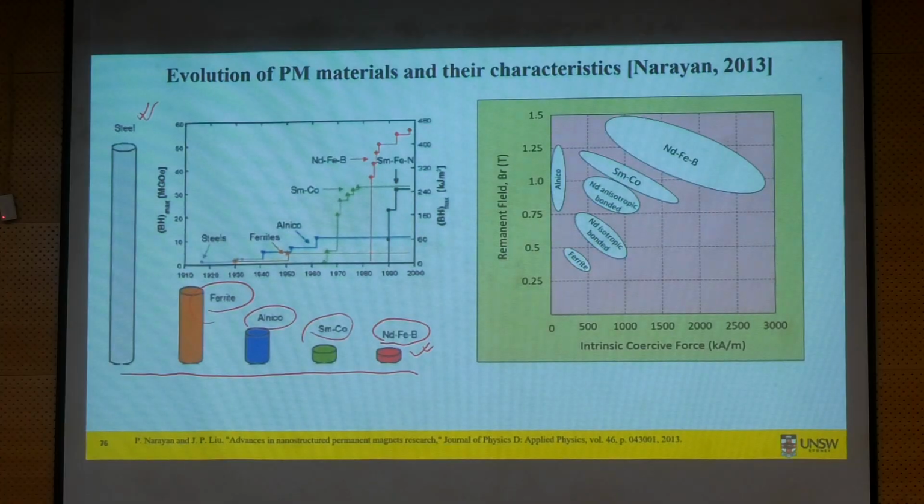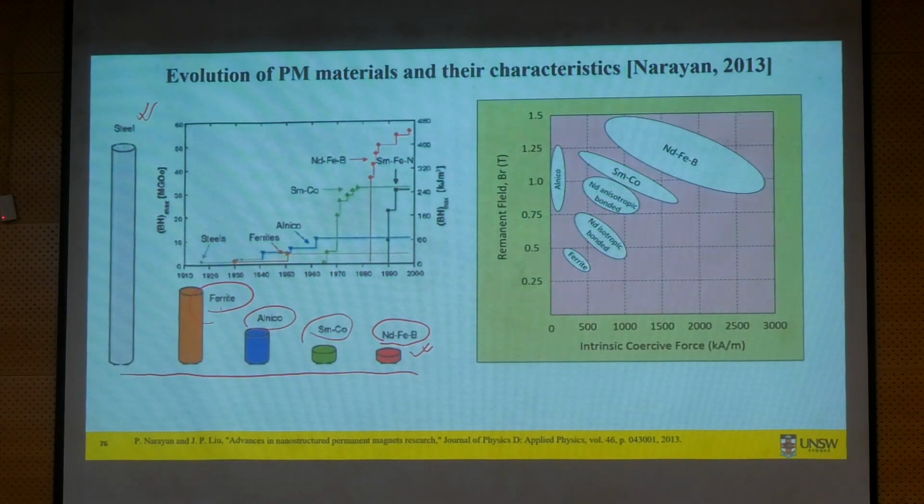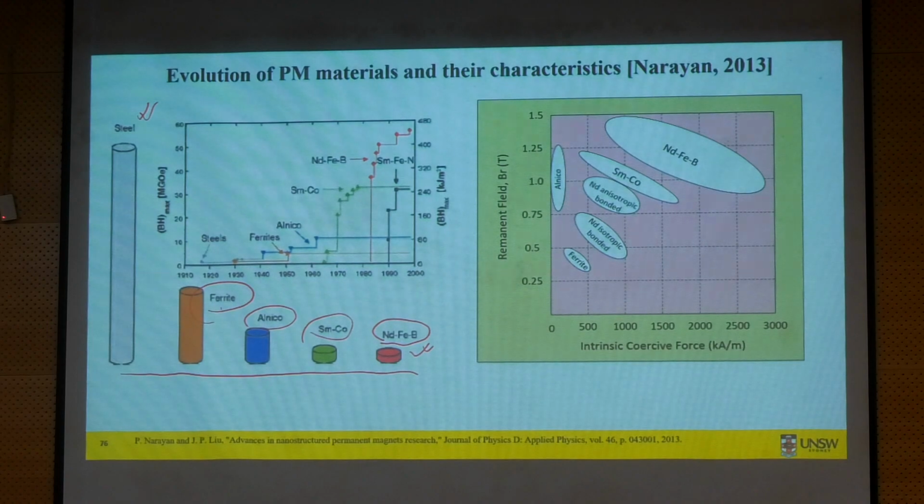If we compare between the magnets, for ferrite you will need a much larger amount of magnet to produce the same amount of torque or force compared to neodymium iron. You need a much smaller amount if we use neodymium iron boron, and that's why it is everywhere. Especially for high performance traction motors, neodymium iron boron is what is used.